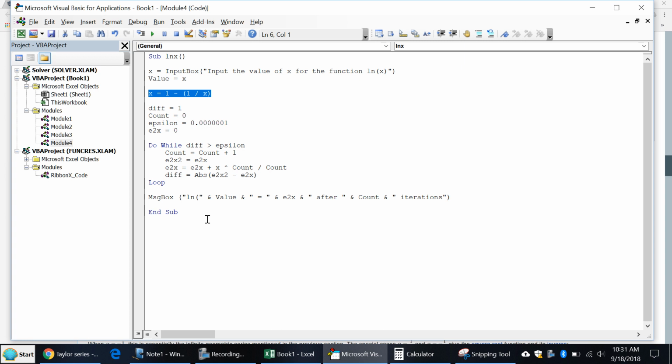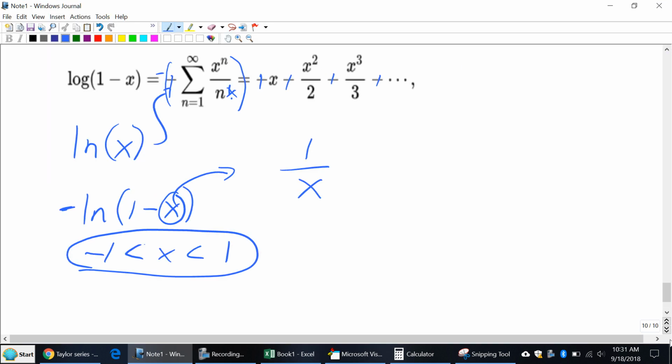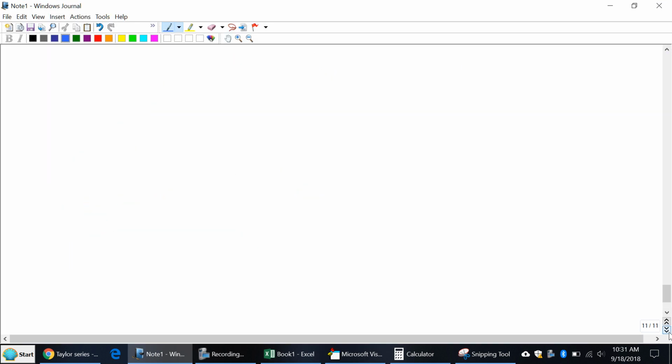Because if you want to know the answer to the log of, say, 0.3, I can't tell you what the log of 0.3 is. I don't know how to do that. But I can tell you what the log of 0.7 is, okay? Because that's just how the formula works. I don't know why.